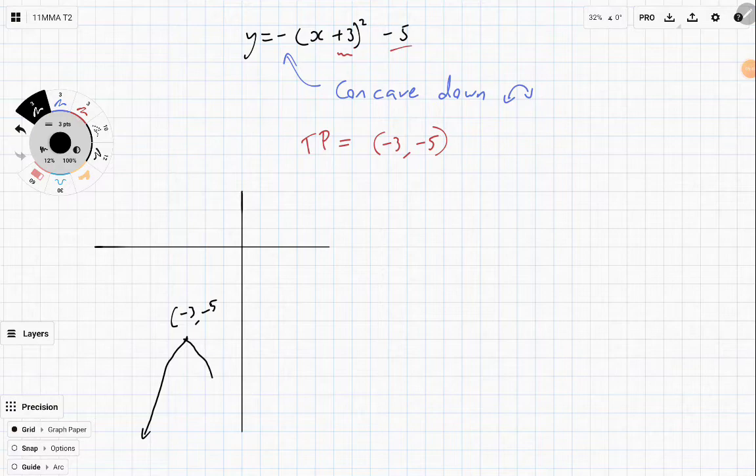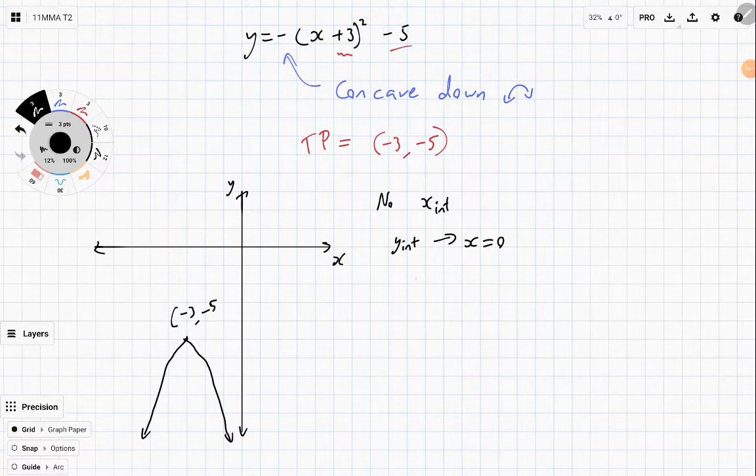Once again, we found another example in which there's not going to be any x-intercepts, but there will be a y-intercept as per usual. So no x-intercept. The y-intercept is when x equals 0, and we can work that out quickly.